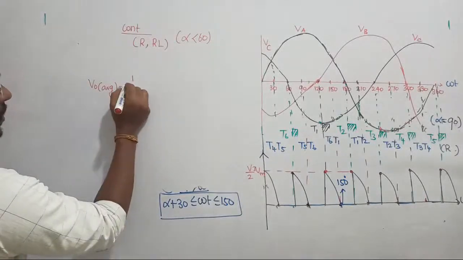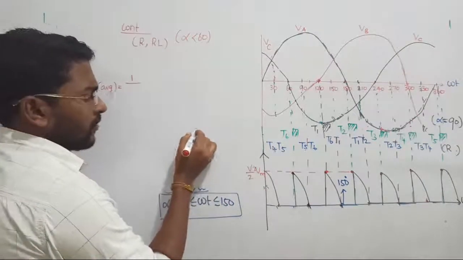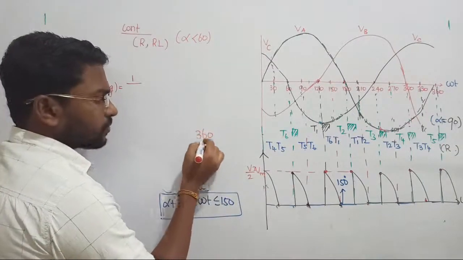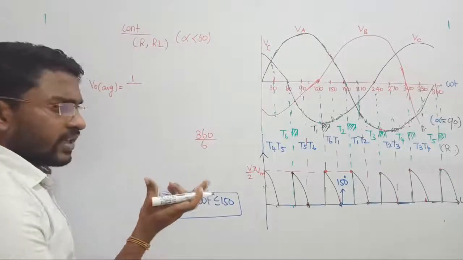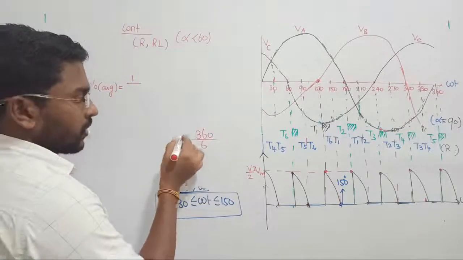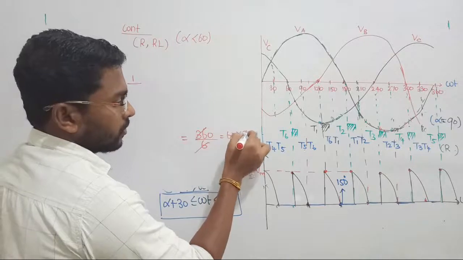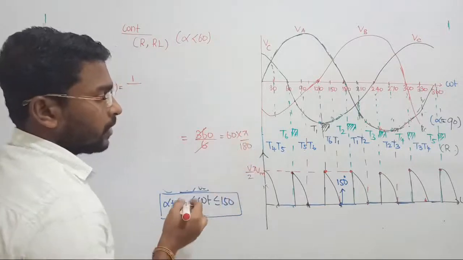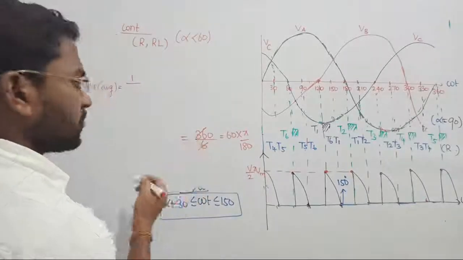First check the period. What is the period of this cycle? Actually we are getting 3 pulses. Sorry, we are getting 6 pulses. Six pulses means within a cycle of 360 degree, 6 pulses have come. Now what is the period of one pulse? It is 60 degree. Convert it to radians, pi by 180. It becomes 6 times 60, right?